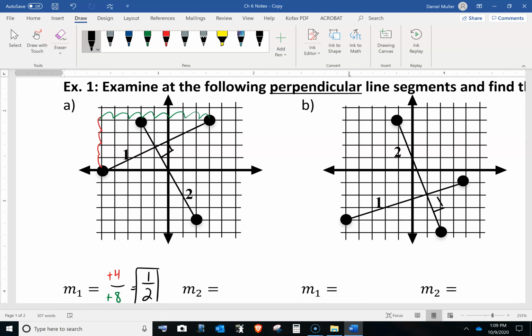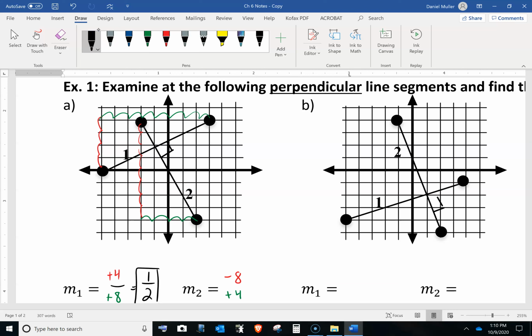Now let's compare that to starting on the left for line number 2. So that's right here. 1, 2, 3, 4, 5, 6, 7, 8. So I'm going down 8, so I'll put minus 8. And I'm going right. 1, 2, 3, 4. So I'm going right by 4.